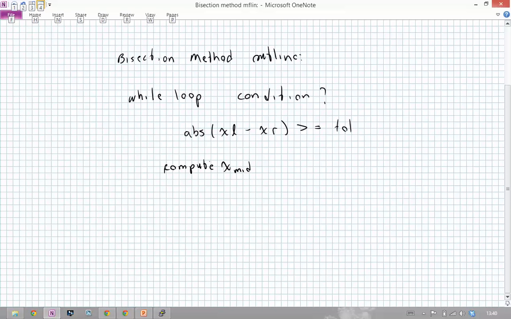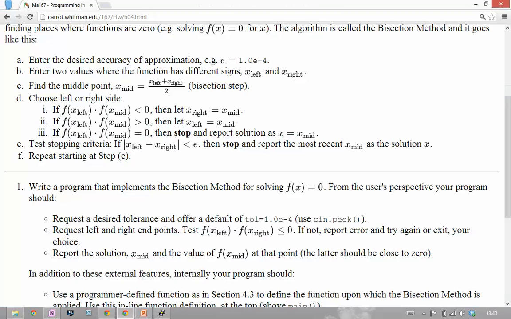Now what? If statements. If f of xl times f of xm is less than 0, then xr equals xm. I would just use xm, not x mid.